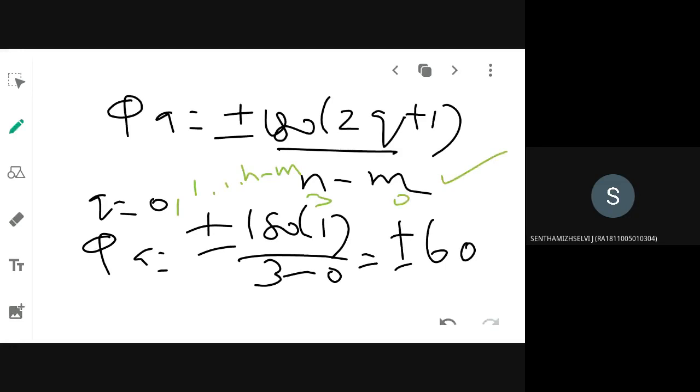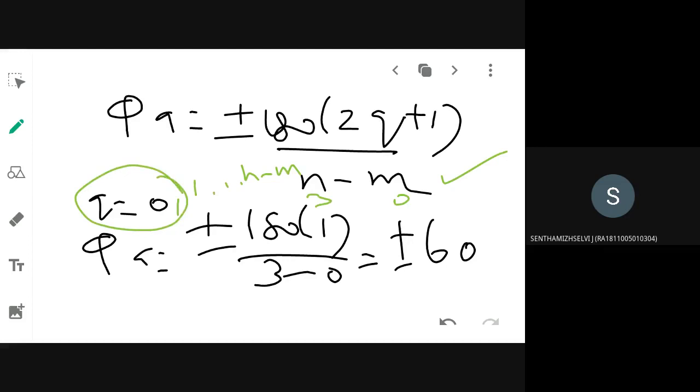But the problem has how many root locus branches? Three branches only, so it is enough. Already you have found one branch that is located on real axis, so the remaining two branches only are to be drawn. So only two angles are sufficient. Just substitute q equal to 0 in the given formula. What will be your angle?